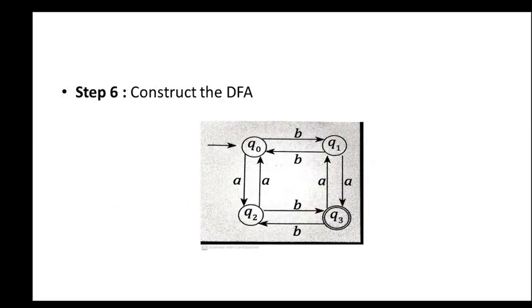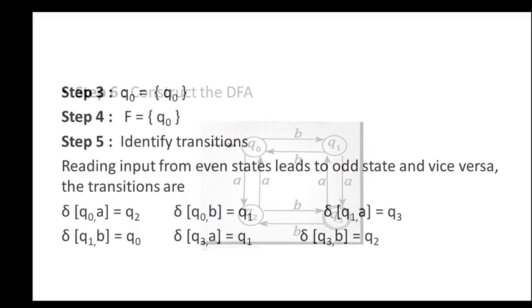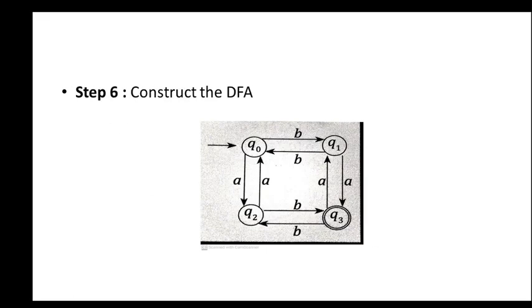And how can this work out? Same thing, every process is the same but we will change the final state. In the previous example, the final state was Q0 itself, but here the final state will be Q3. Why?